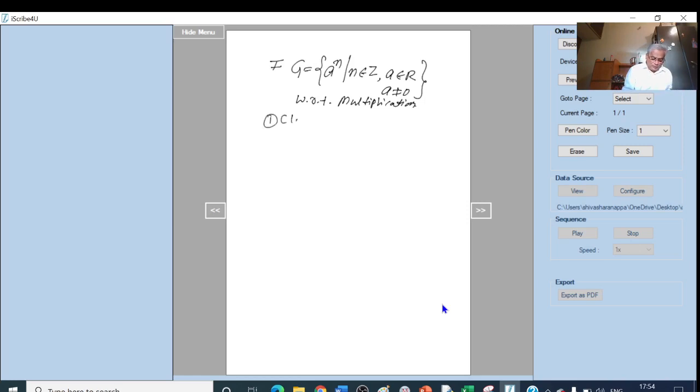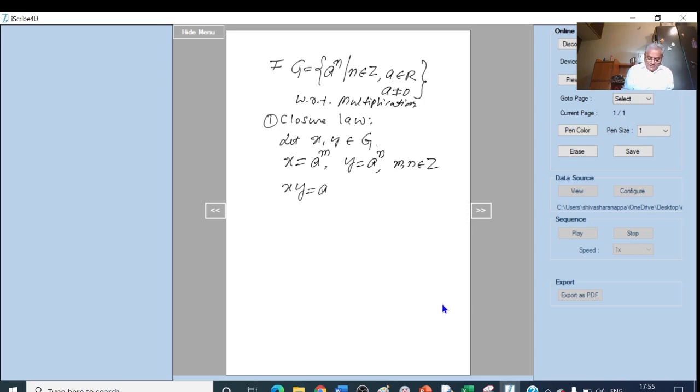So first one is closure law. Let me consider two elements here. Let x, y belong to G. I have to prove that x into y also belongs to G. So x, y belong to G means x is of the form a to the power of, say, m, and y is of the form a to the power of, say, n, where m and n are integers, m, n belong to Z. Now consider x into y.